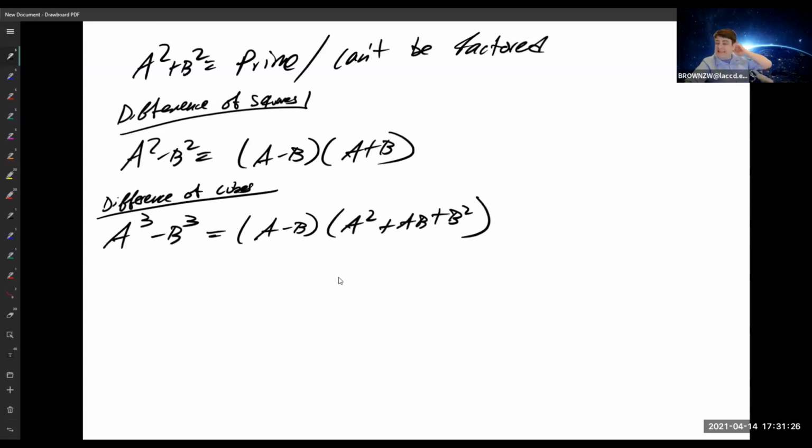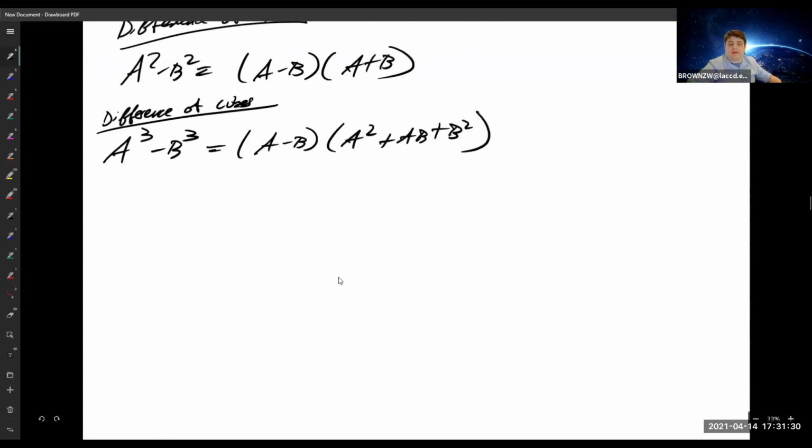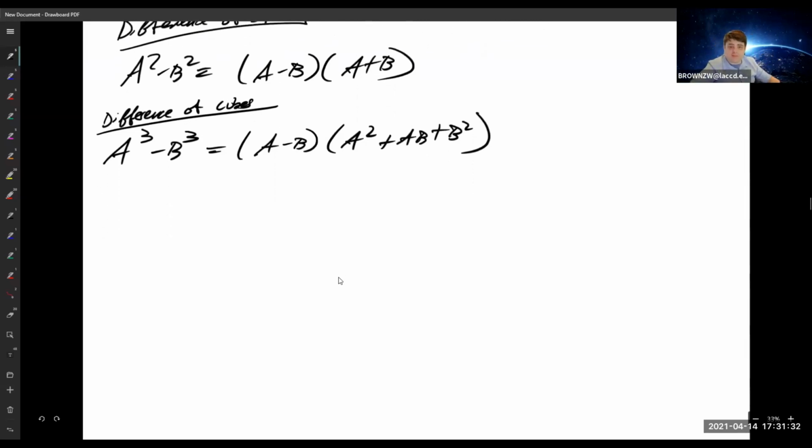So the second bit's a little messier. And it also requires, if you don't have your cubes memorized, this is also something to have on a little list: 3 cubed, 4 cubed, 5 cubed, and 6 cubed.